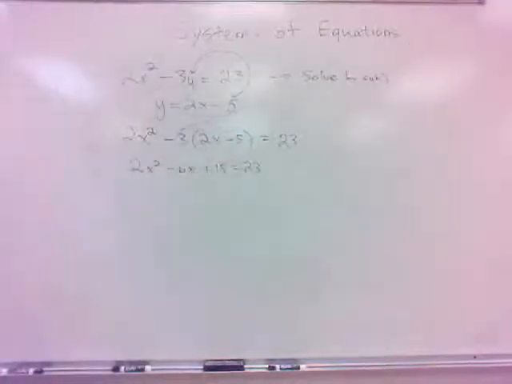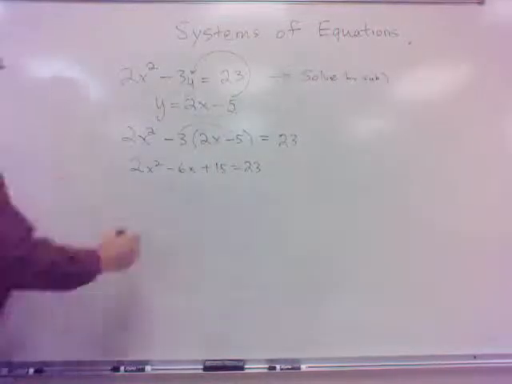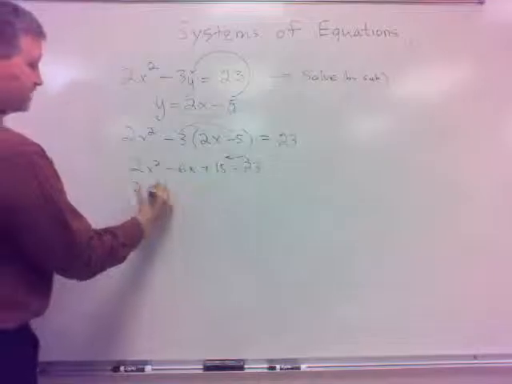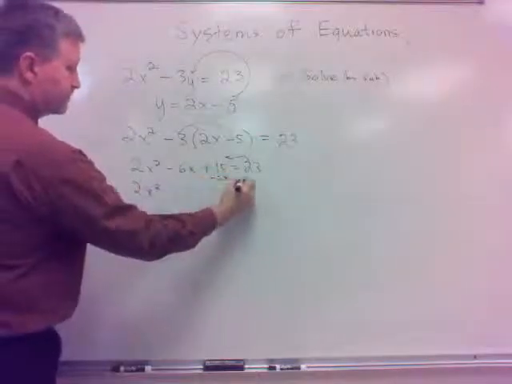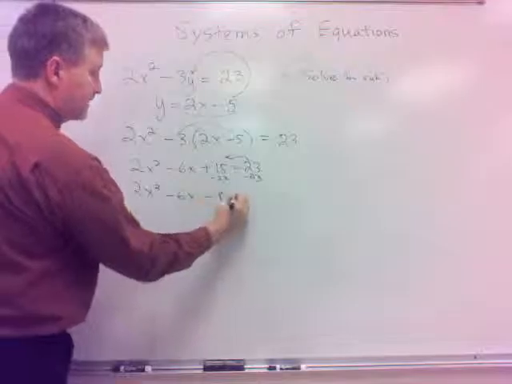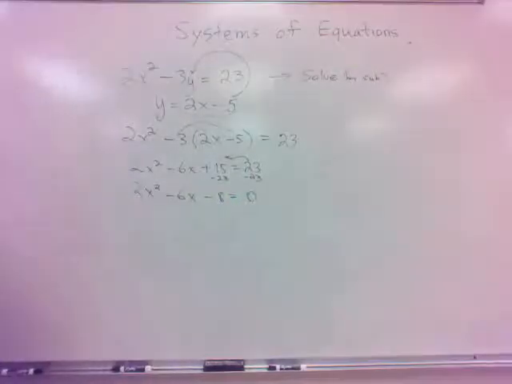Okay. 23. Yeah, I need to make one side 0 because this is an x squared equation. So if I make one side 0, subtract the 23 from both sides, so I get 2x squared minus 6x minus 8 equals 0.